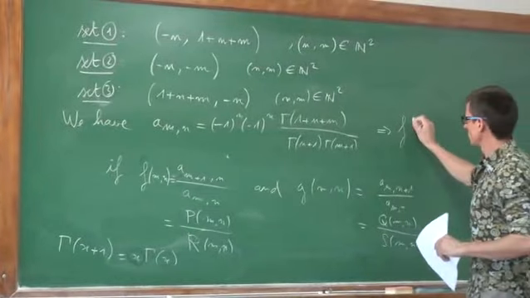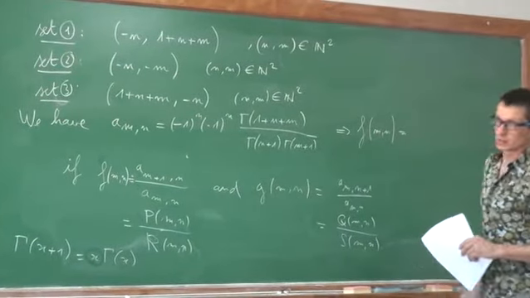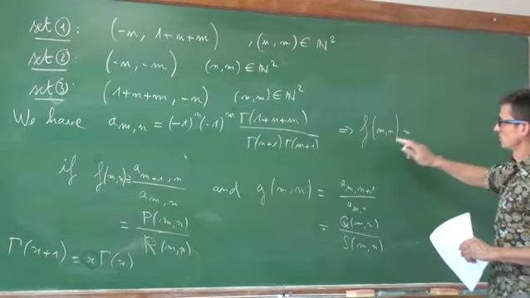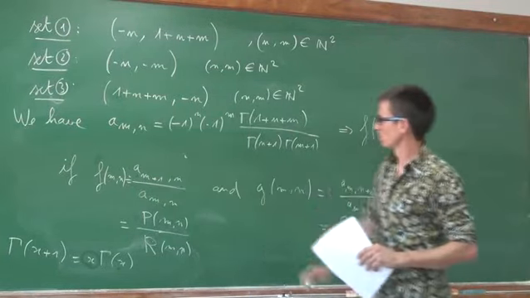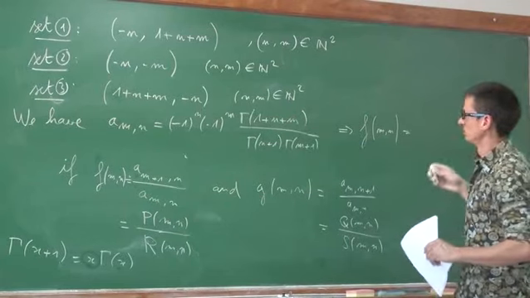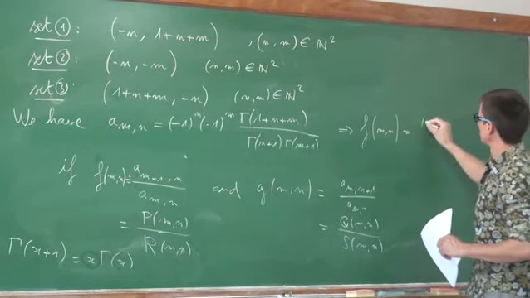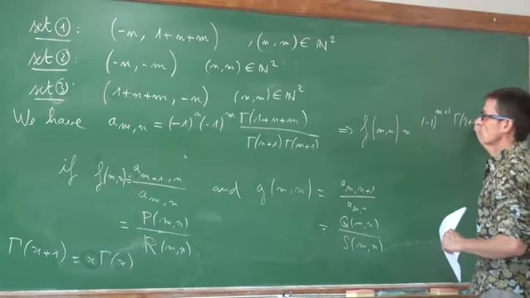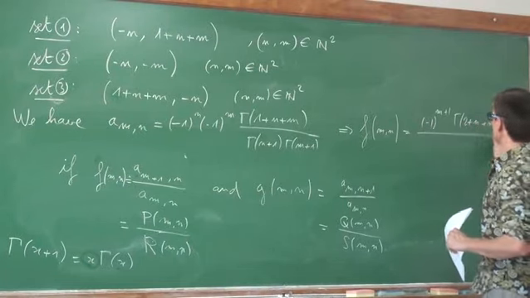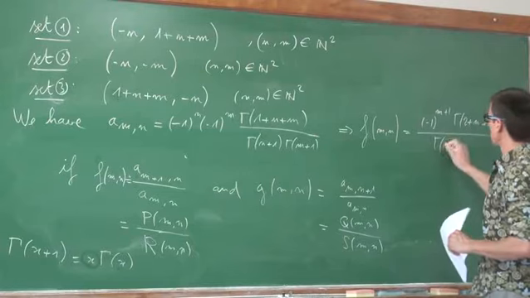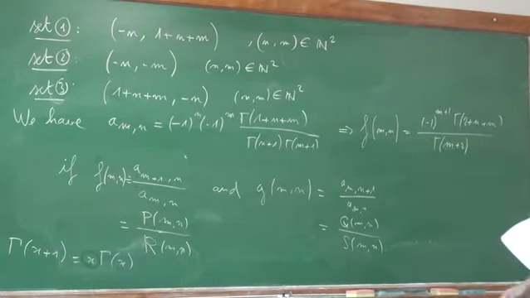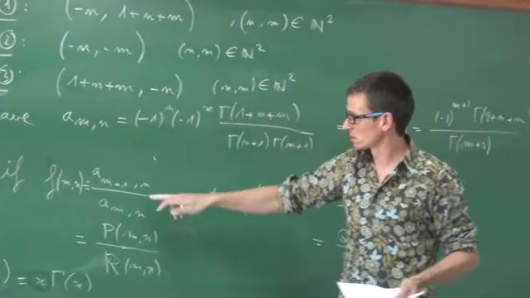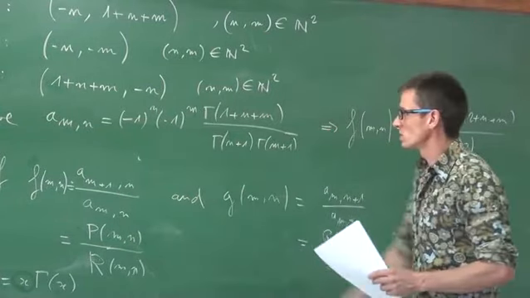Therefore, f(m,n) equals, m plus 1, so exactly this with m plus 1. So this is minus (m plus 1) gamma of 2 plus m plus n divided by gamma of m plus 2. I won't write the n things because they did not cancel.